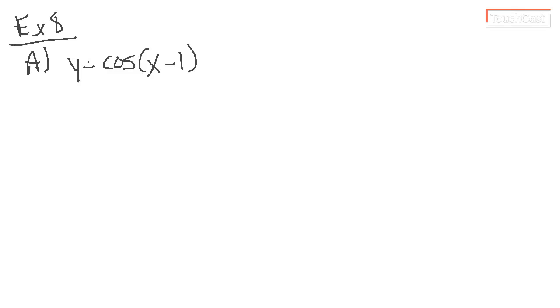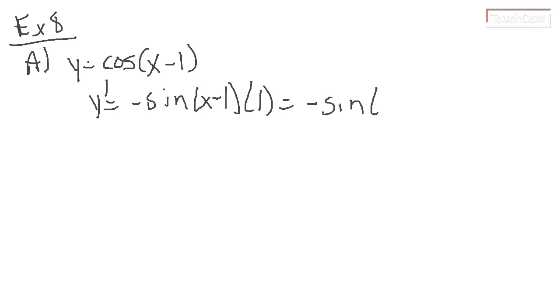So, when we're finding the derivative of this, y prime is going to equal, derivative of cosine is negative sine of x minus 1 times, we're going to take what's in the parentheses and call that u. So the derivative of x minus 1 is just 1, which means this derivative is just going to be negative sine of x minus 1.